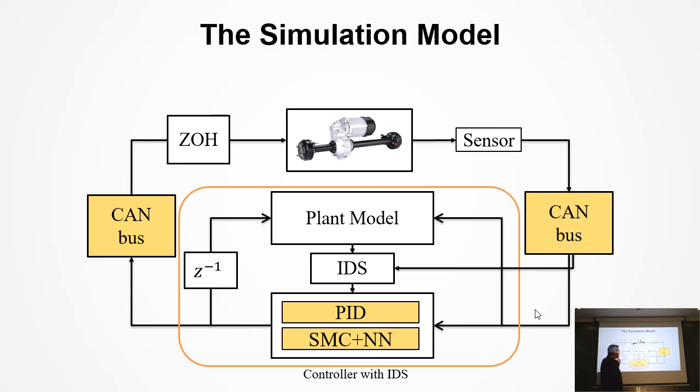Whenever the IDS sees a significant deviation between the system output and the plant output, it switches the controller, and the PID controller, which is a backup one, kicks in.